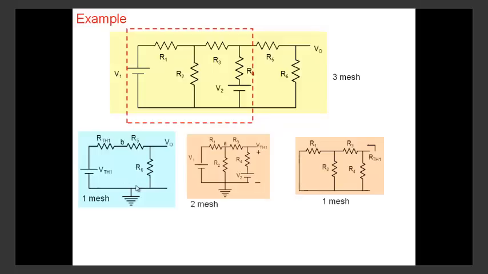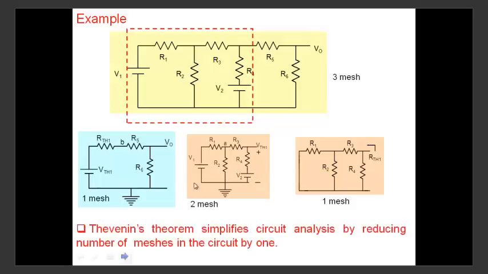So effectively, the complexity of the problem has been reduced from 3-mesh to 2-mesh, because 1 mesh is almost trivial. What you're seeing is that application of Thevenin's theorem takes a 3-mesh problem and effectively reduces it by 1, to a 2-mesh problem.